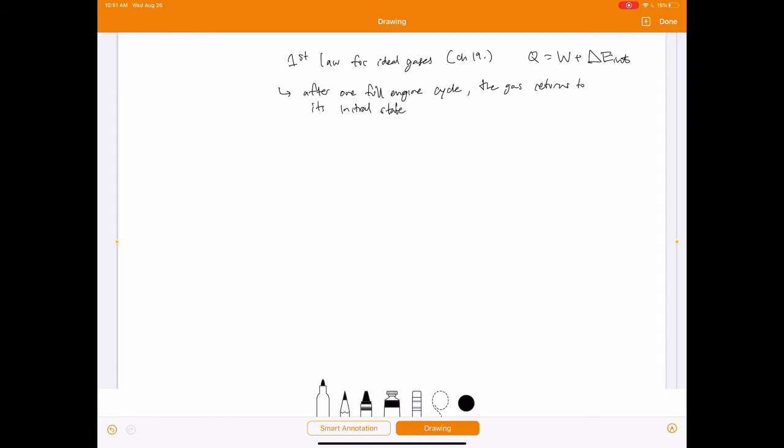So what we can say about delta E internal is that it's the final value of E internal minus the initial value. But if we start and end at the same exact state, then the initial value of E internal is the same as the final value, and the overall change will be 0, because we just come right back to the same state that we started at.